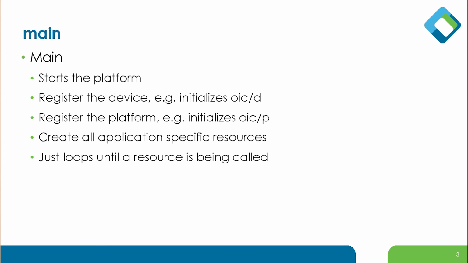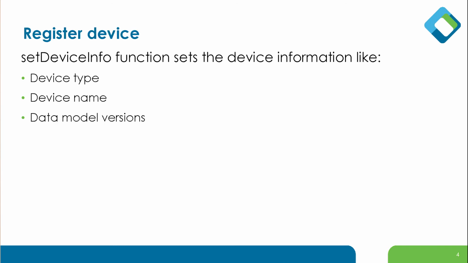But it's just a server, so it's just waiting until it needs to end. The register device function just sets device information like device type, device name, data models. So it's just a set of things that you need to set. Pretty simple.